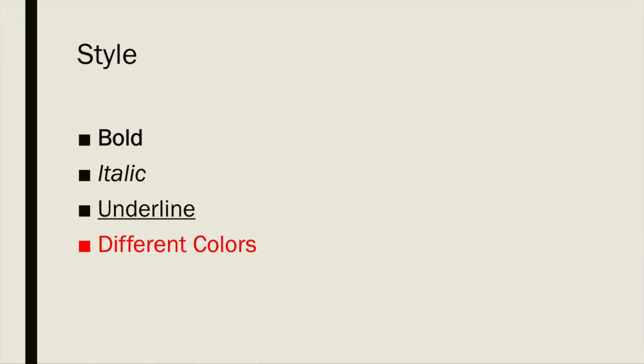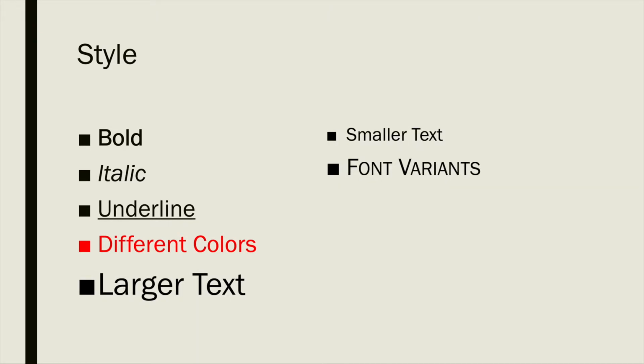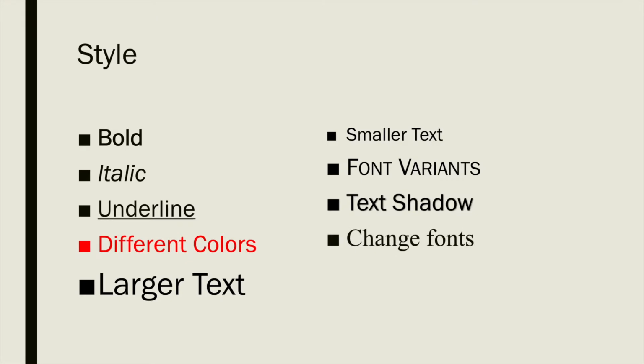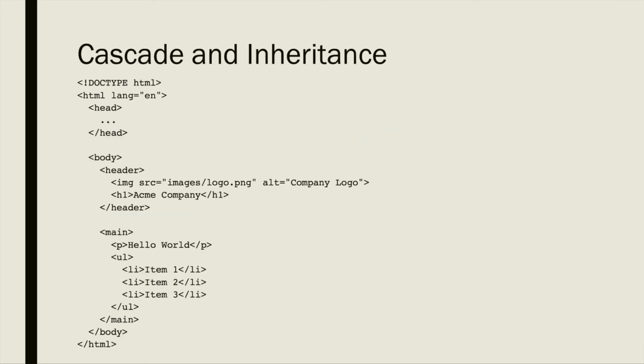You can change colors for the text. You can make the text larger. You can make the text smaller. You can change the font variants such as small caps. You can even add text shadow, change the font families themselves, and even change the text alignment. All of this you can do with basic CSS.